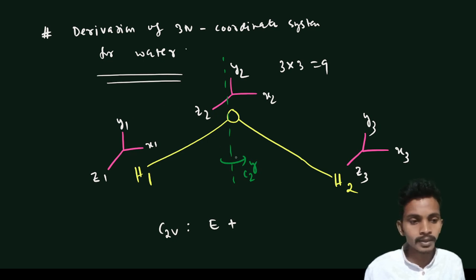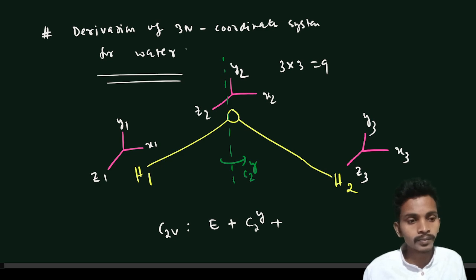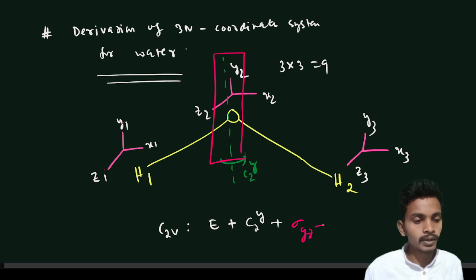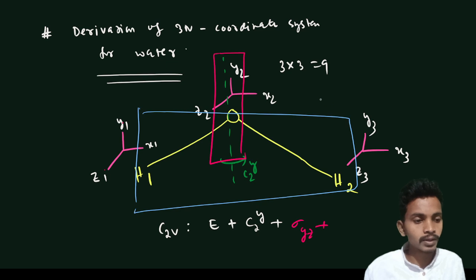So C2Y is there. With that, another plane is there, cutting through y and z. So sigma yz. Another is the molecular plane, which is cutting all the atoms. Okay, this is sigma xy.